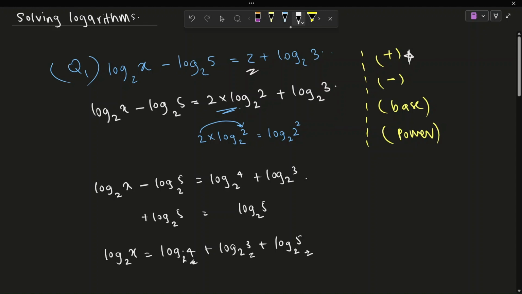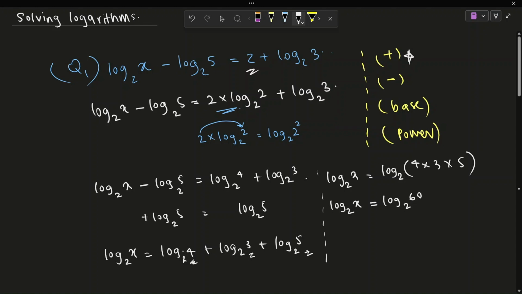So that's going to look something like this: log x to the base 2 is going to equal log with the base 2 of 4 times 3 times 5. Simplifying 4 times 3 times 5 gives us 60. So log x to the base 2 is now going to be equal to log 60 to the base 2.